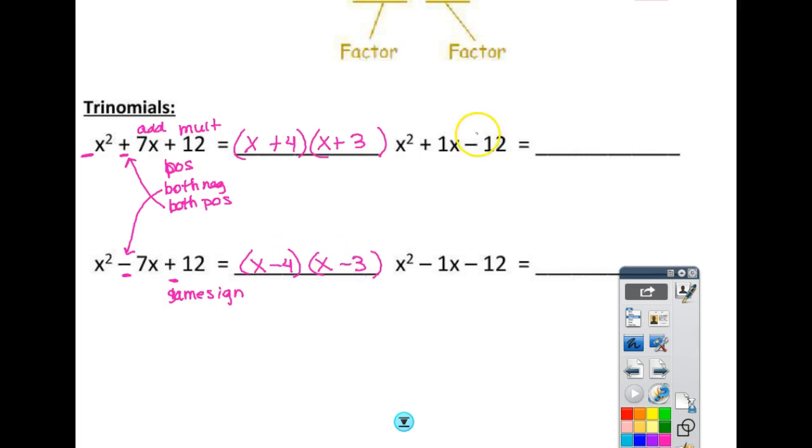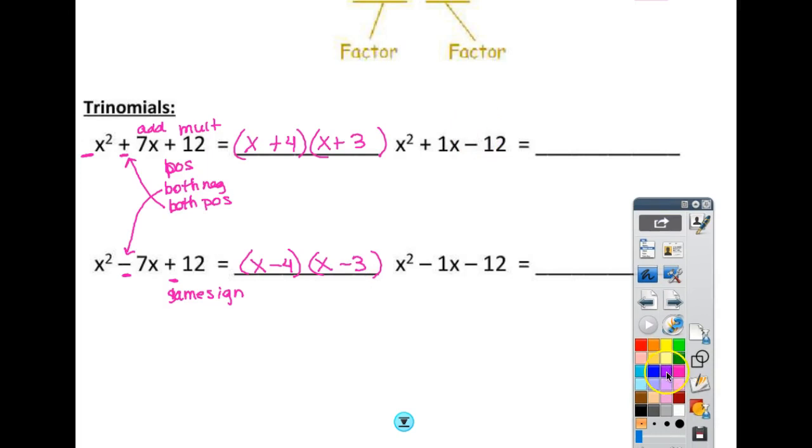Now, over here, we're doing the same thing. What multiplies to 12 that adds to 1, but the signs are going to be different. And it also means you're not really adding, you're kind of subtracting in a way.